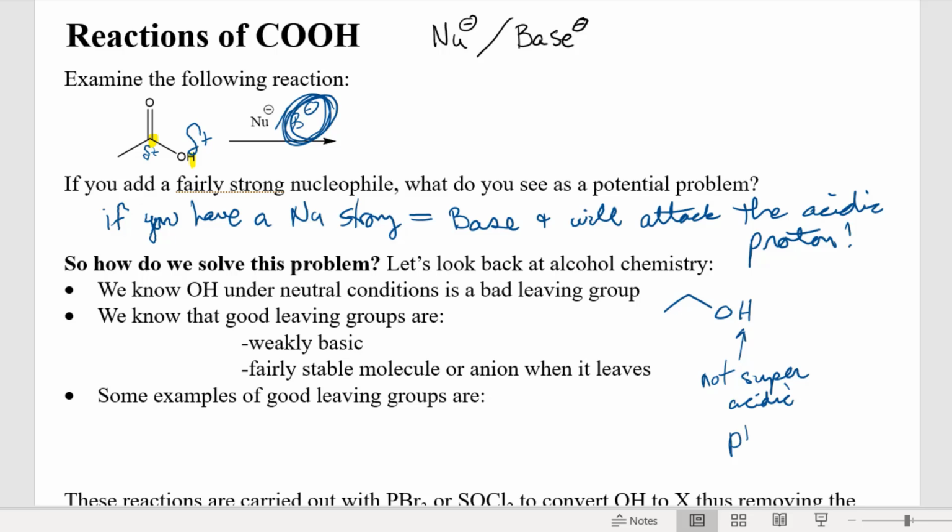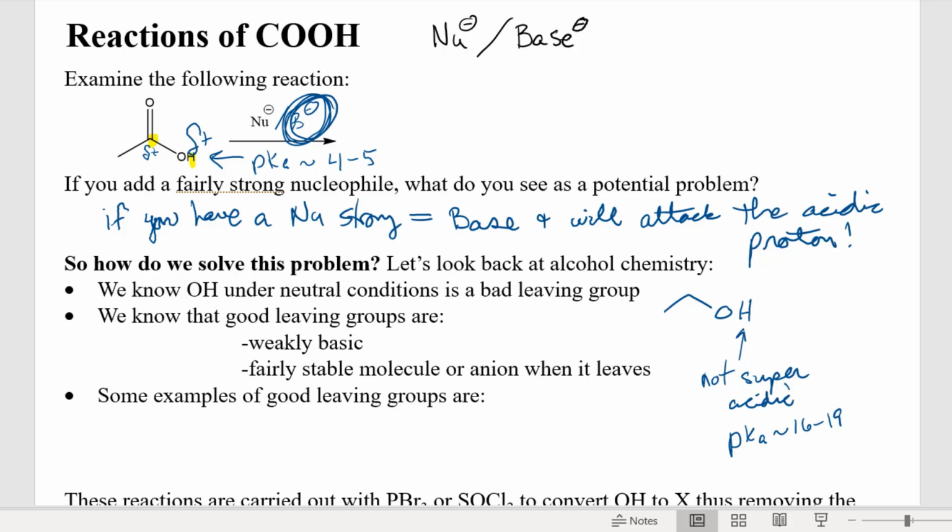The pKa for an alcohol is roughly around 16 to 19, thereabouts. While the pKa for a carboxylic acid, as we saw, is about 4 to 5. So even in the alcohol chapter, we were worried about deprotonating if we had strong nucleophiles. If they were strong enough, they were going to deprotonate our alcohol. Grignards are strong enough to deprotonate alcohols, right?